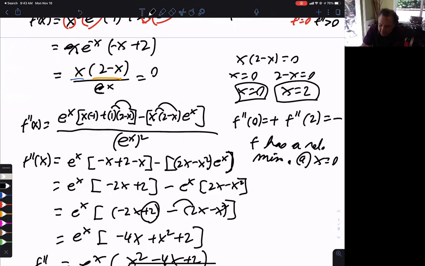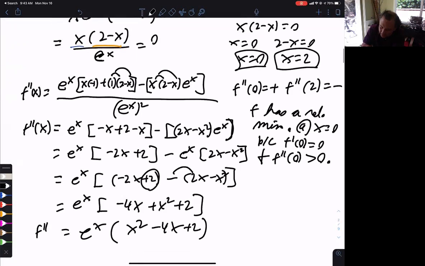You have to give a reason. Because f prime of 0 is 0 and f double prime of 0 is positive. That's my justification for relative min. That's the second derivative test.